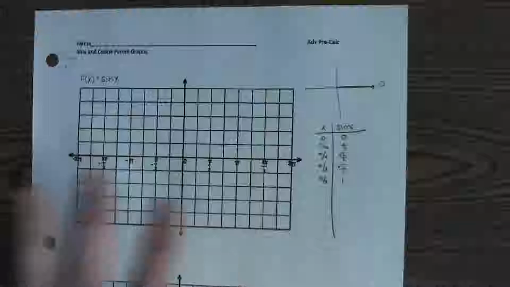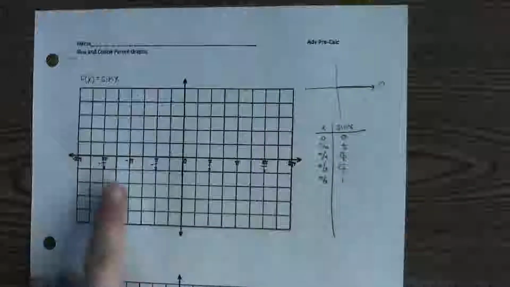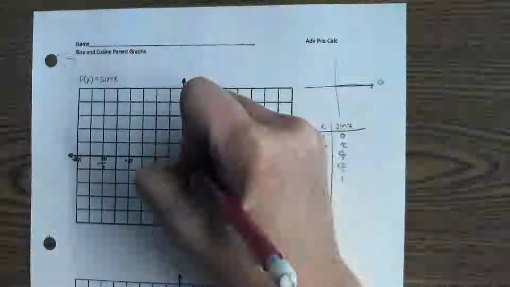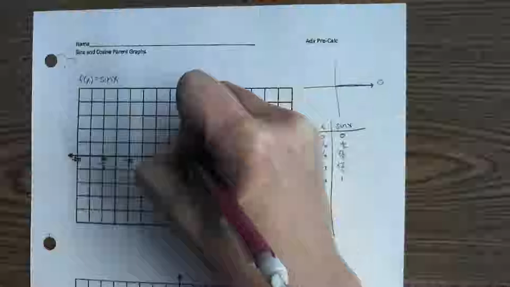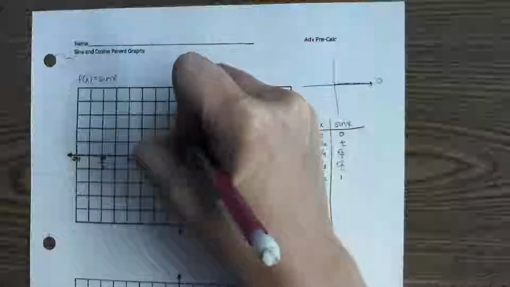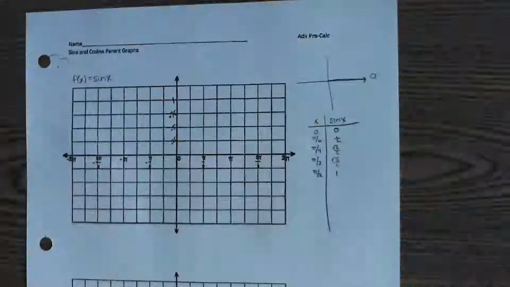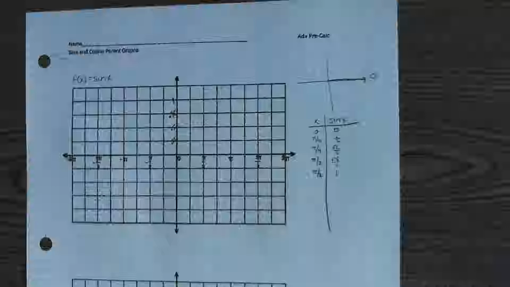So when we go to plot this right now, our x-axis is in radians. Our y-axis is going to be between -1 and 1. So I might make this 0.25, 0.5, 0.75, and 1, just to use the whole graph.